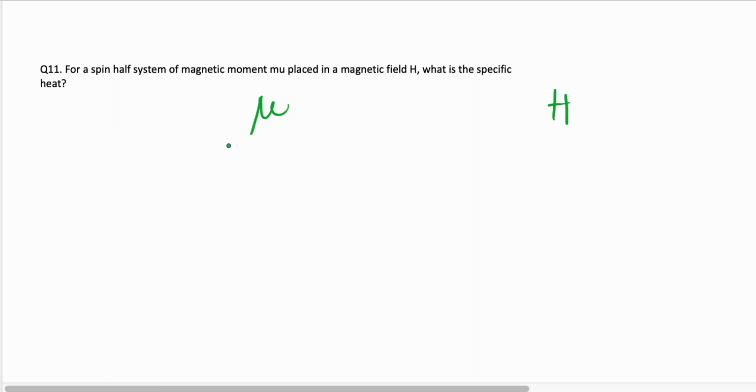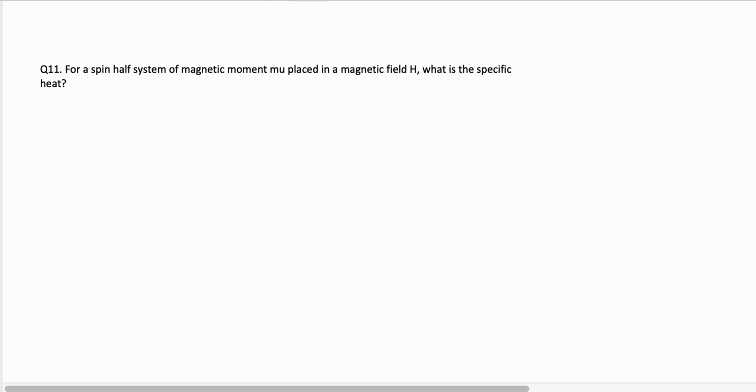So what will be the Hamiltonian for this? What is the number of particles which are in the upward direction? Their energy will be mu H. And what is the energy of the particle which is downward? Okay, let me write it in this way.